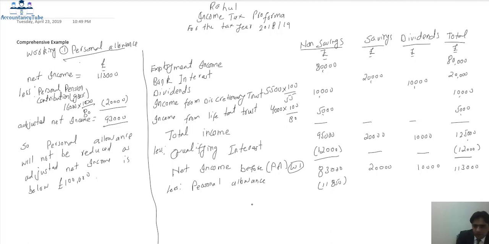Is it? Yes, it is. 11,850 is our personal allowance, which will be deducted out of the total as well. Right, so after deducting the 11,850 personal allowance, the remaining amount is 71,150.